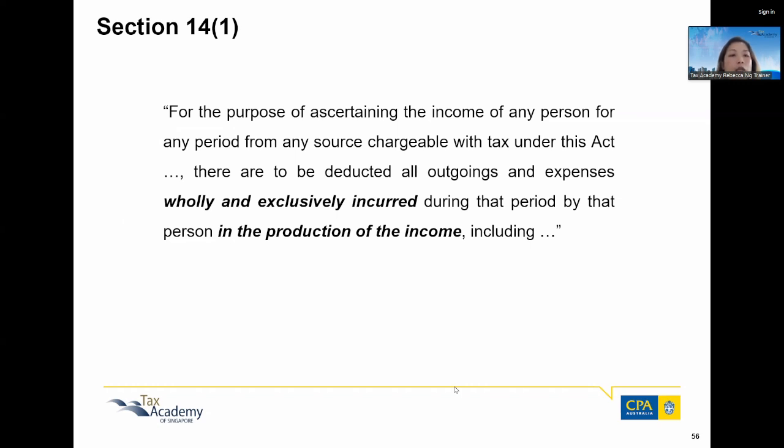It says that for the purpose of ascertaining the income of any person for any period from any sources chargeable with tax under this Act, there are to be deducted all outgoings and expenses wholly and exclusively incurred during that period by that person in the production of the income. Take note of the wording in bold. We are going to dissect that to understand a bit more about what this sentence means.